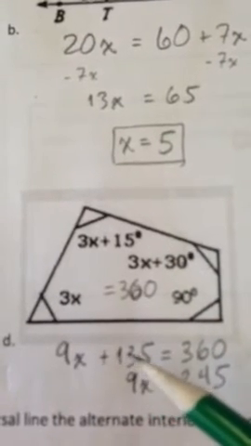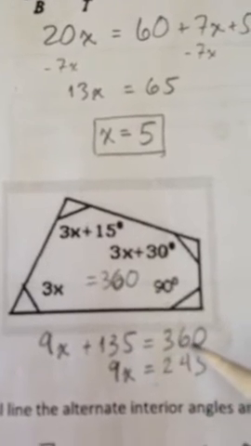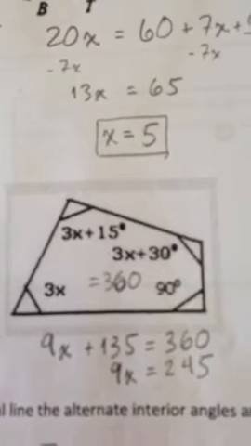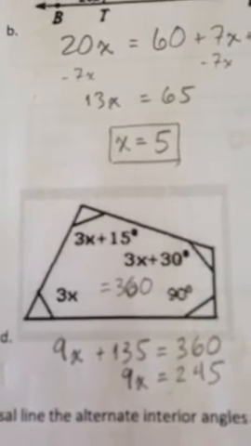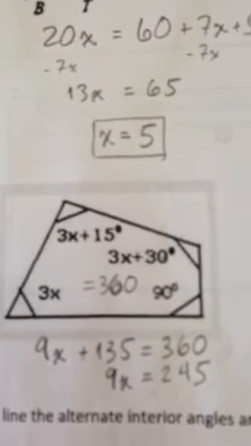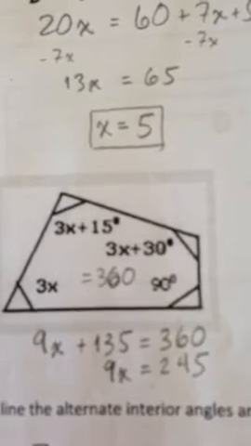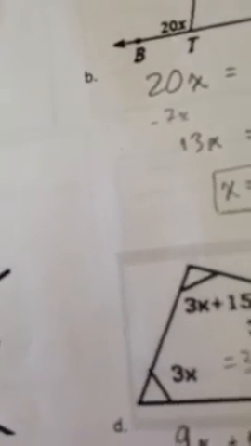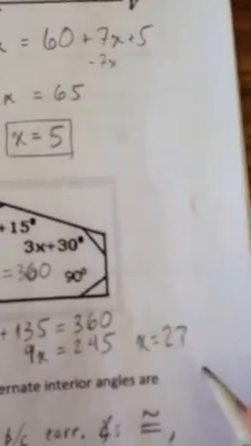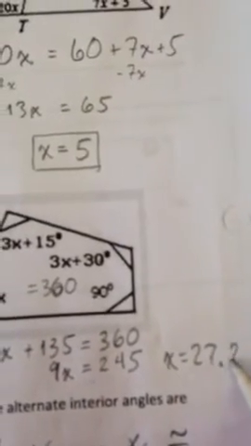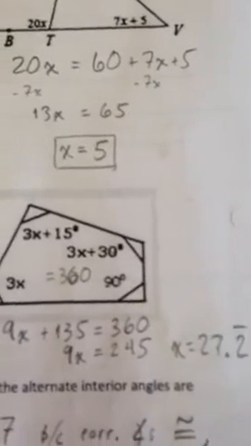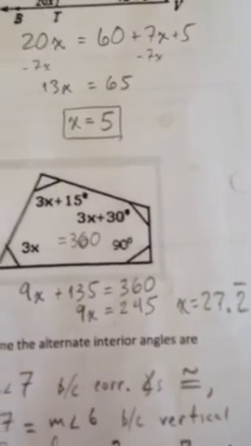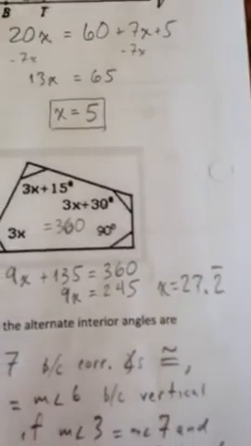So 9x plus 135 equals 360. And 225 divided by 9 equals 25. Okay, so that one didn't give me a nice whole number answer, but that's okay. There's our answer for that one.